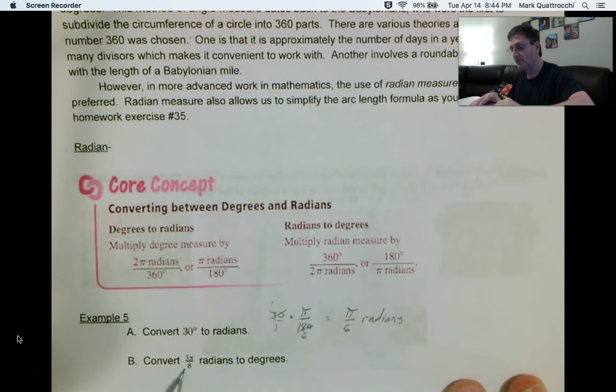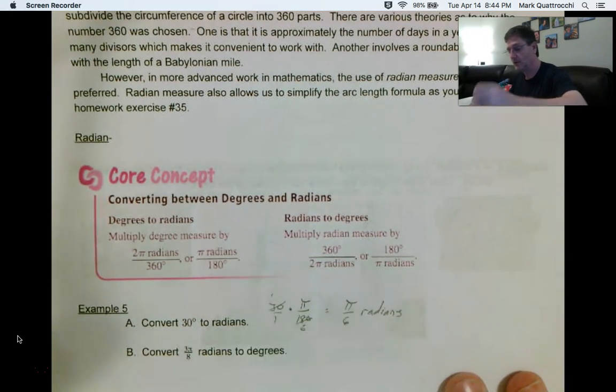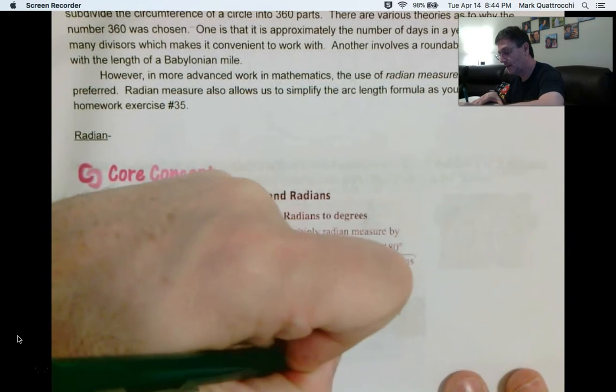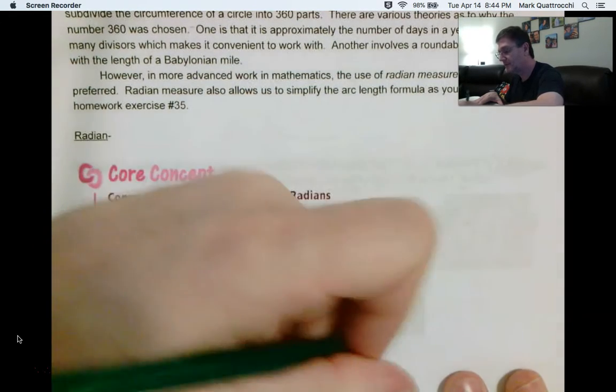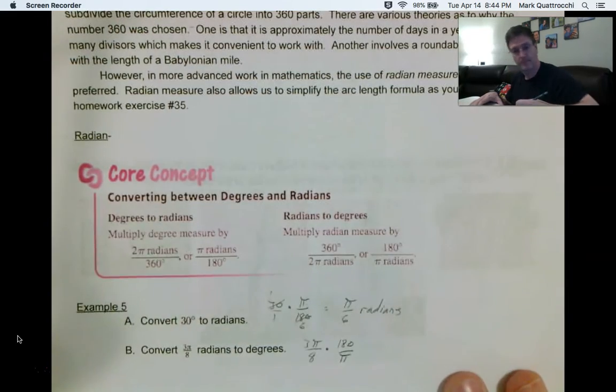5b, we're going from radians back to degrees. We multiply by 180 over pi. So 3 pi over 8 times 180 over pi.